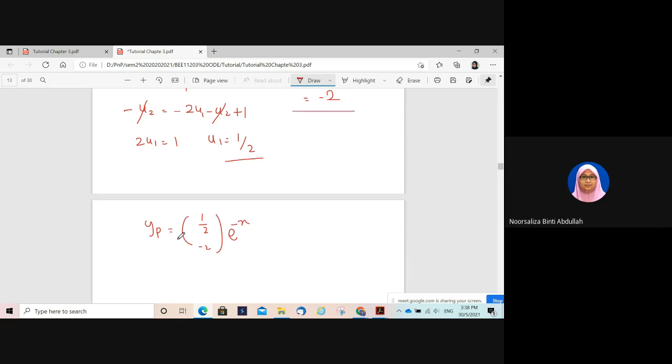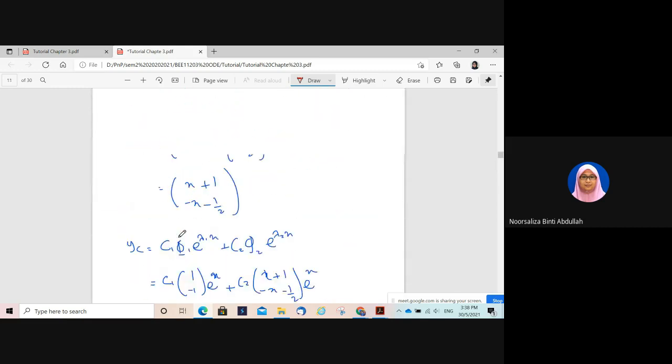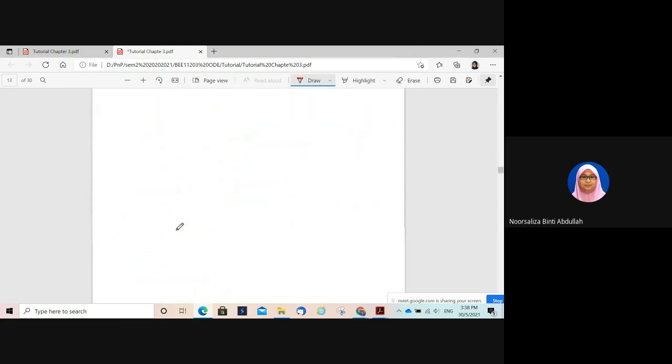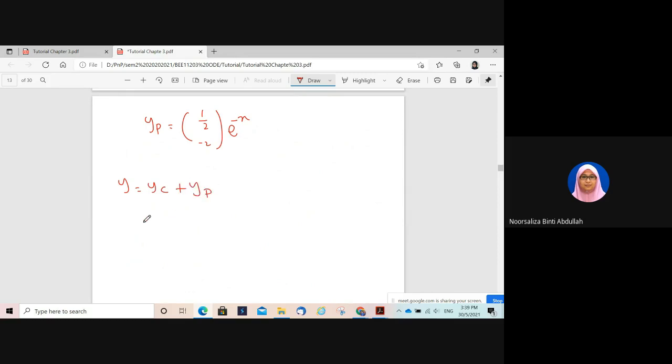Okay. So you have YP and also you have YC. Then your Y equals to YC plus YP. Okay. So YC is C1 exponent X plus C2 exponent lambda 2X plus YP.